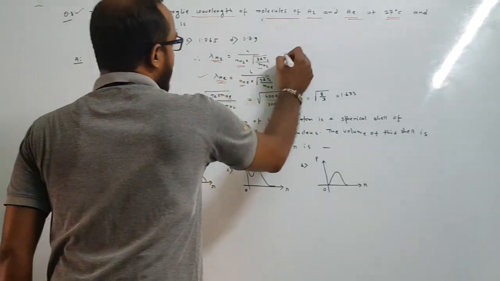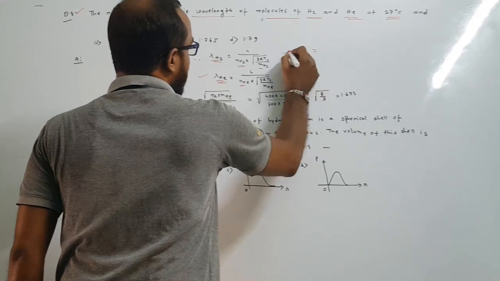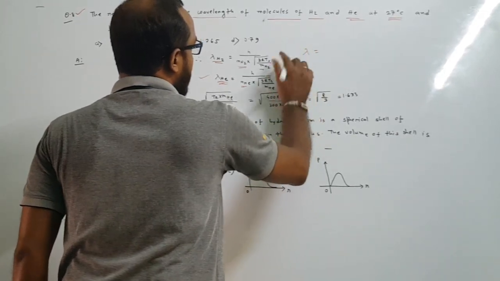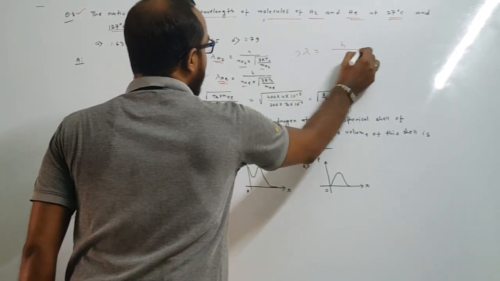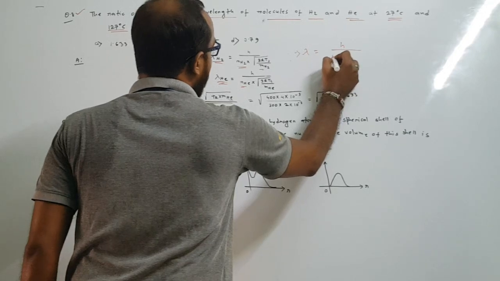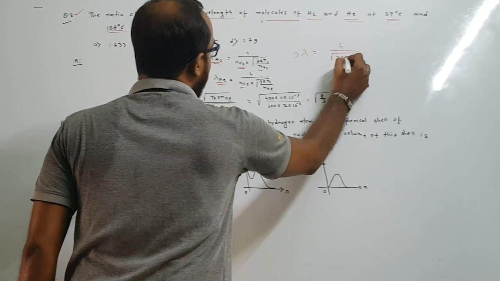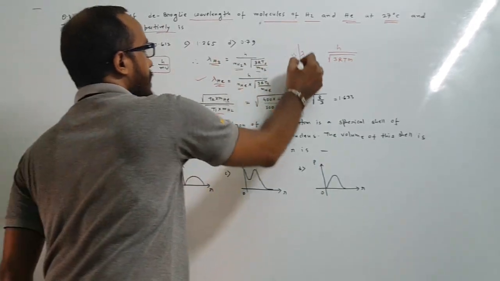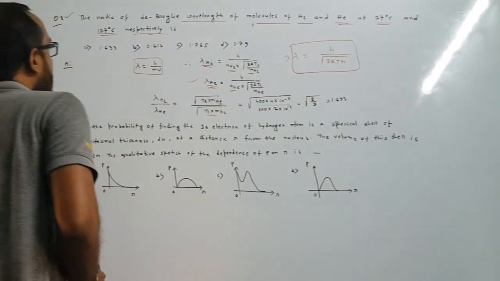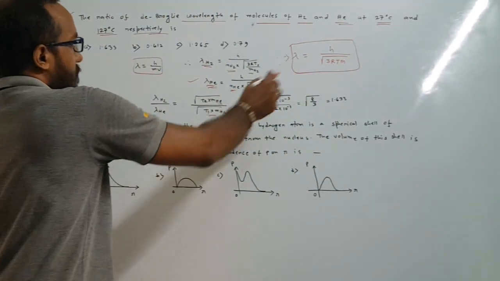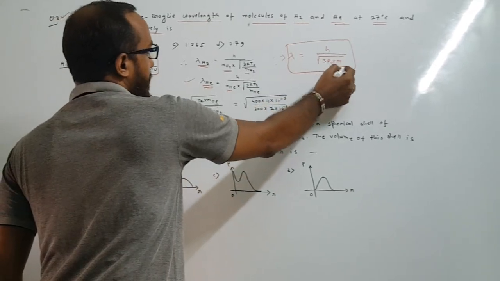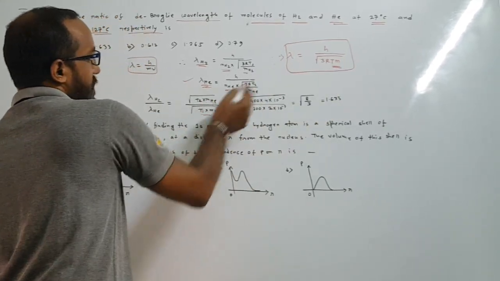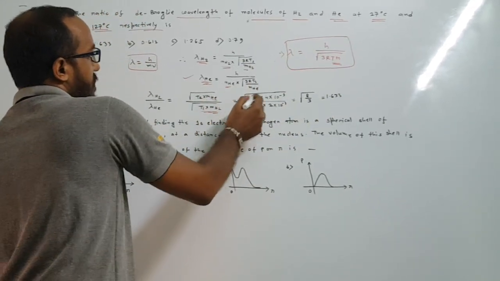So you can remember this formula as something like this, that is lambda equals h by root under 3RTm. You can remember this formula for wavelength. So you can see here will get cancelled out, T2 by T1, mHe by m hydrogen. Put the values.